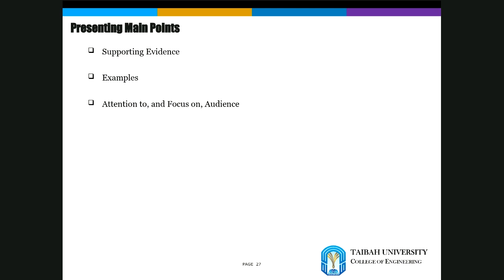If you find a key result, maybe with a number, put it in a table or figure. Give some examples if you have them. Then, pay attention and focus on the audience. Please focus on the audience. Give them respect.